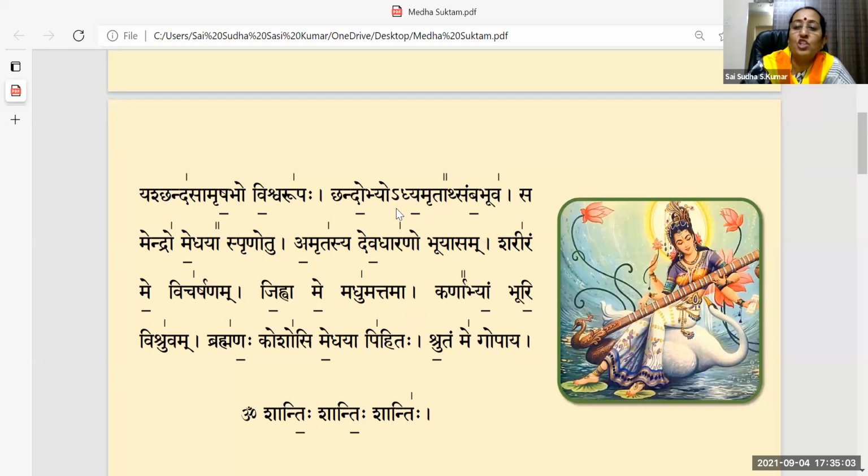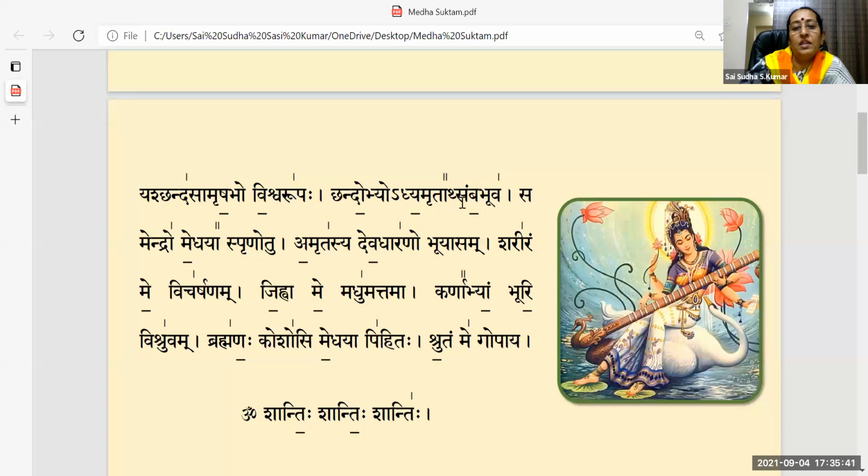First, we should not be adding a there, and we should not break over there while chanting. So ensure that you take a long breath before the line if the avagraha comes in between the line. Now here, chandobhyodhyamrita sambabhuva is one, in one breath we have to chant. So we have to ensure that we take a long breath before the cha starts.